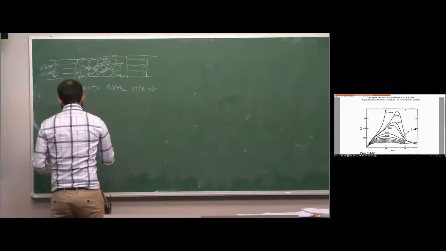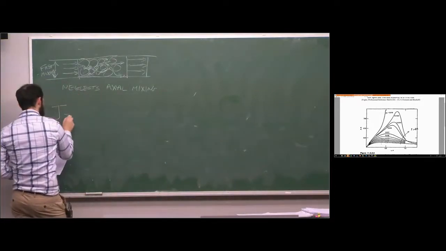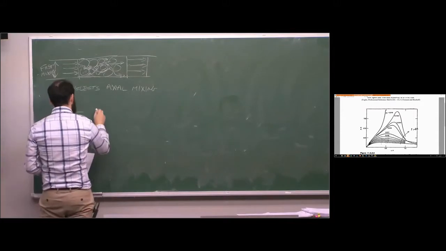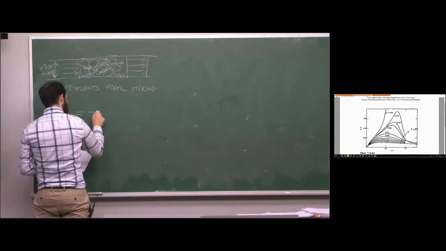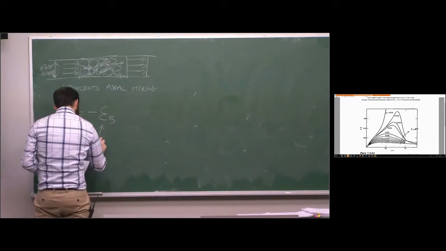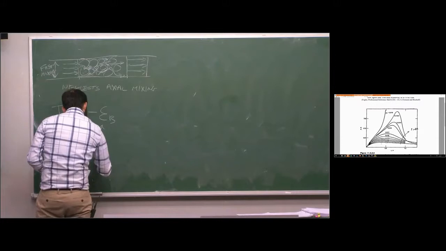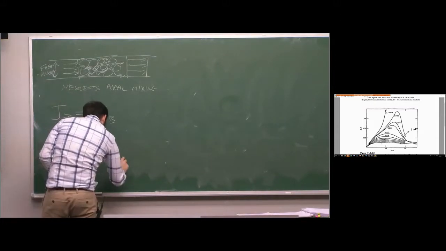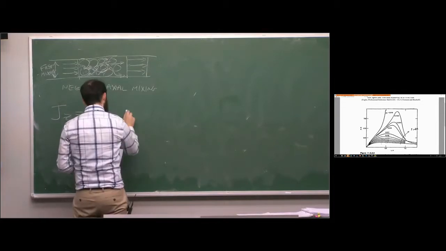So we've had this on the board before, but we account for dispersion in the axial direction by reporting a diffusive flux. This is the void fraction of the bed, because it's not all empty space anymore.